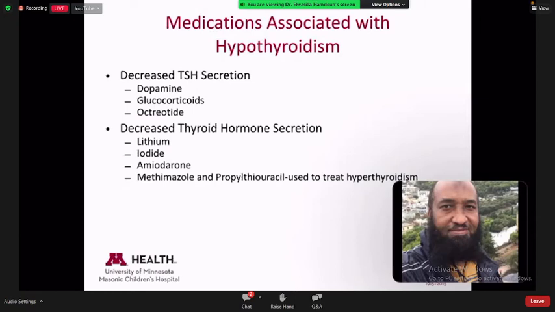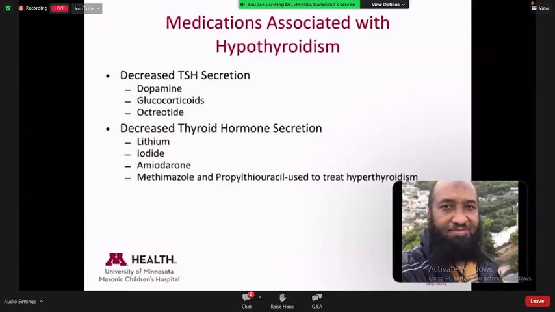Remember, lithium, which is usually used in bipolar disorder, can cause hypothyroidism through reduction in thyroid hormone secretion. Iodide, contrast, and some cleansing materials, like betadine, contain a lot of iodide, and that can cause suppression of thyroid hormone secretion.